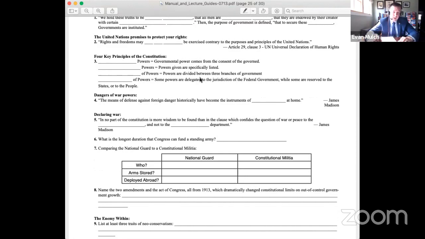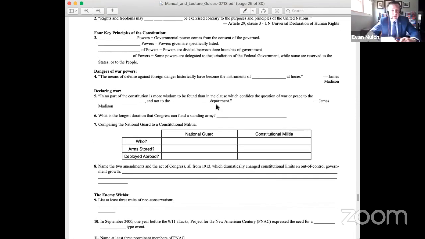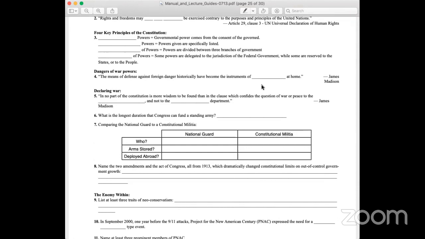Okay, the 4th one, dangers of war powers. The means of defense against foreign danger historically have become the instruments of blank at home. And this is by James Madison. So he said this, the means of defense against foreign danger historically have become instruments of tyranny at home, which is happening today.